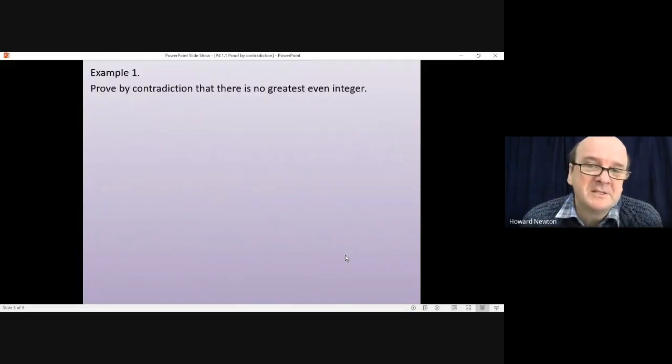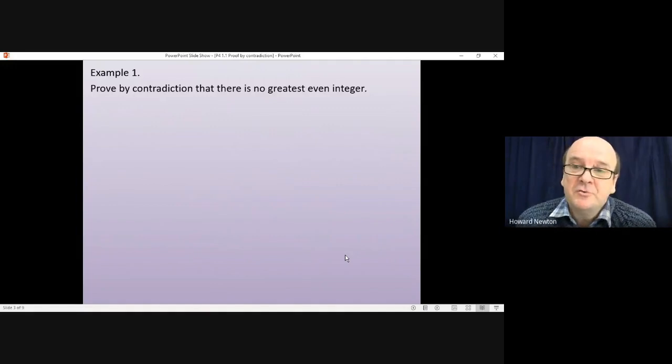Okay, let's have a look at an example. Proof by contradiction that there is no greatest even integer. Now, what's that saying? It's asking us to prove that there is no biggest even number, that there isn't an even number which is the largest one, where there is no even number bigger than it. Now, that's clearly true.